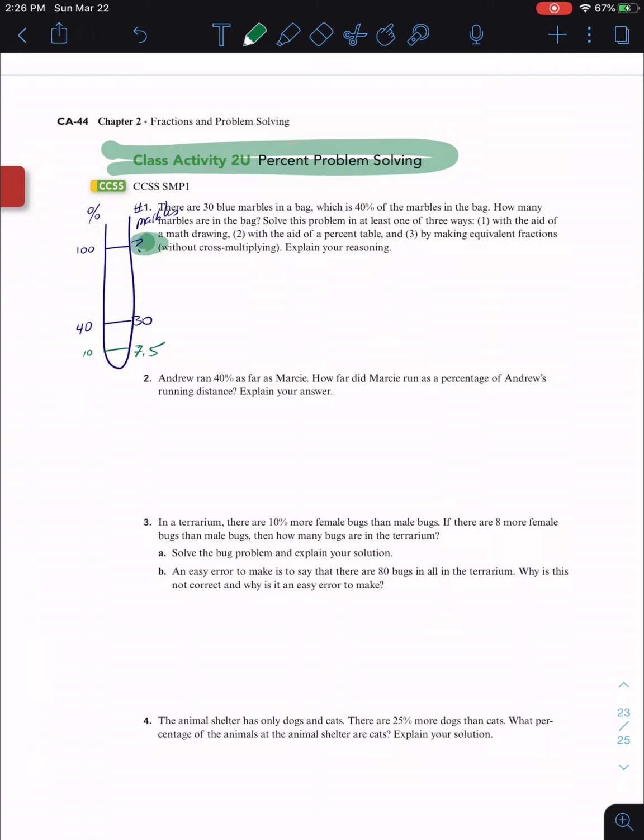So if we need to know the 100, we could figure that out. There'd be 75 marbles in total. There are other ways that you can figure this out. You can go down to 20 at 15 and then multiply by 5 as well. But there are 75 marbles.